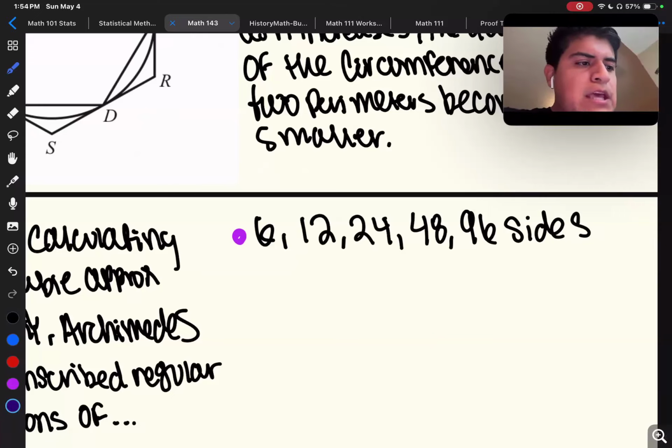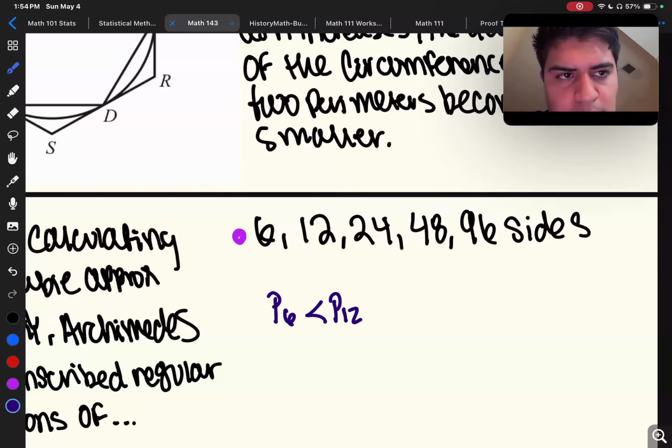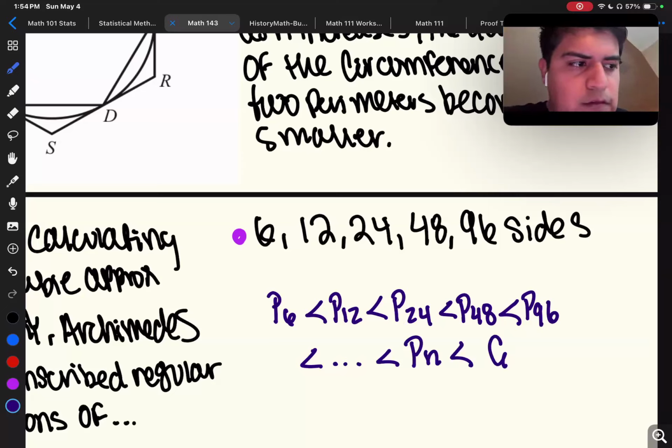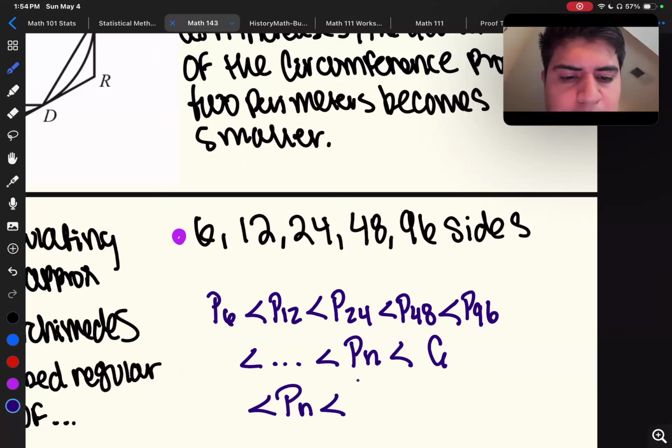If pn and Pn represent the perimeters of the inscribed and circumscribed regular polygons of n sides, and C the circumference of the circle, it follows that, let's say, p6 is less than p12, which is less than p24, which is less than p48, which is less than p96, which is then less than or equal to pn, less than the circumference. And obviously this keeps going.